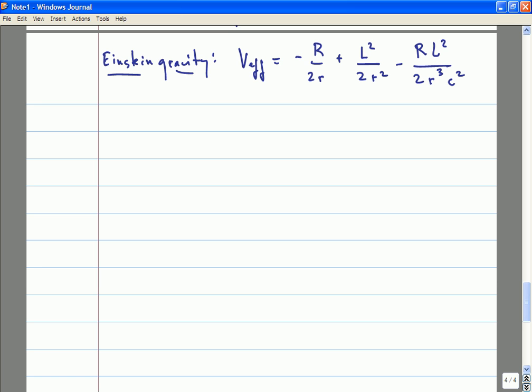c is a very, very large number. And so for everyday sorts of problems, this third term will be very, very small, simply because c is so large. In order for that third term to be sizable, either the radius r needs to be close to the Schwarzschild radius, or the velocity needs to be of order the speed of light.